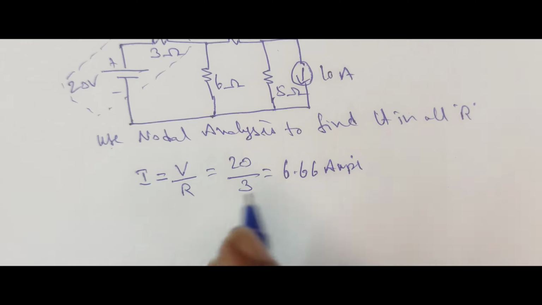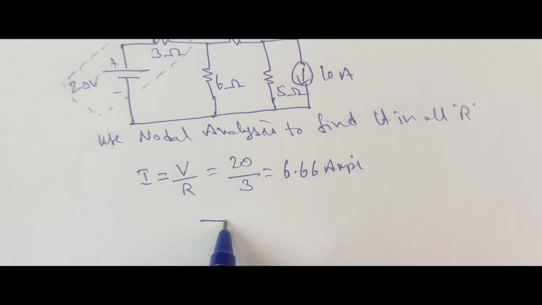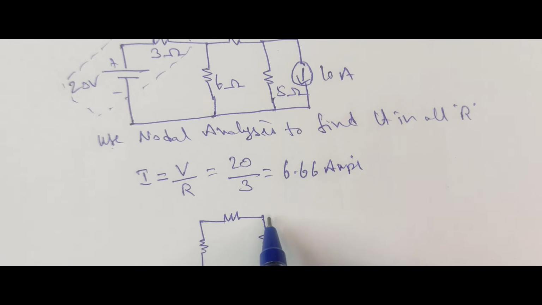So for visibility, first I write the resistances which we haven't touched. Based on that, I have written the circuit like this.